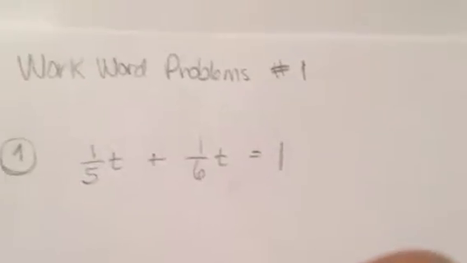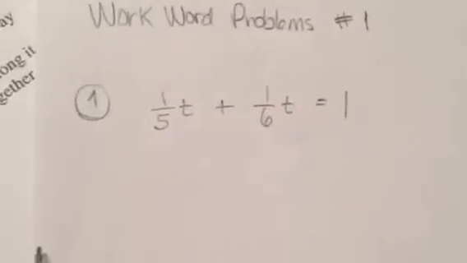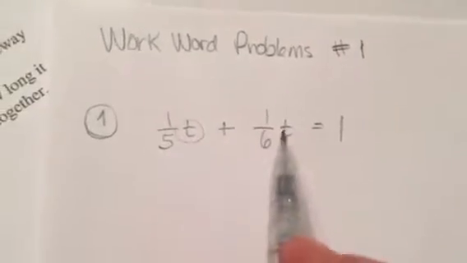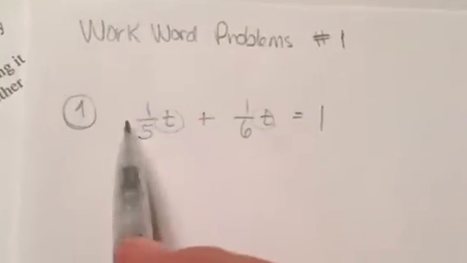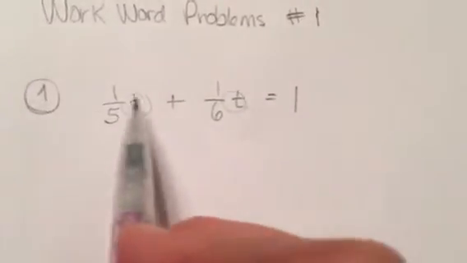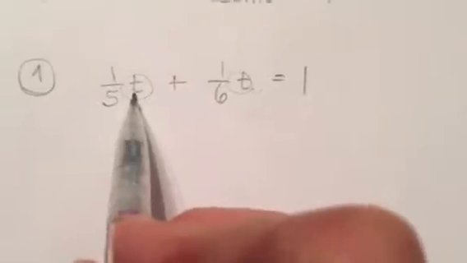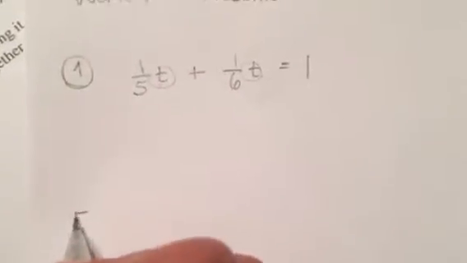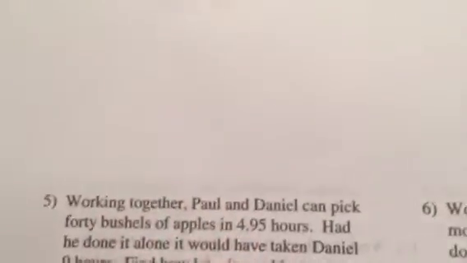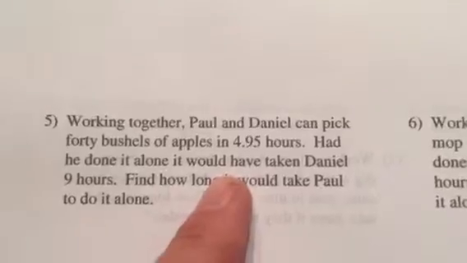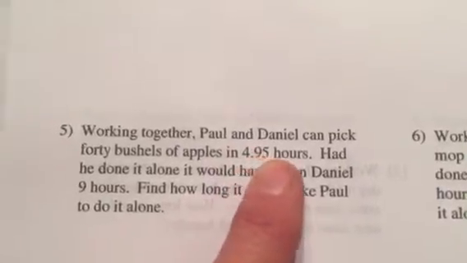The difference when we get ready to do number 5 is that they're going to tell us the time it takes them to work together, which is what we were trying to figure out here. Number 5 says, working together, Paul and Daniel can pick 40 bushels of apples in 4.95 hours.